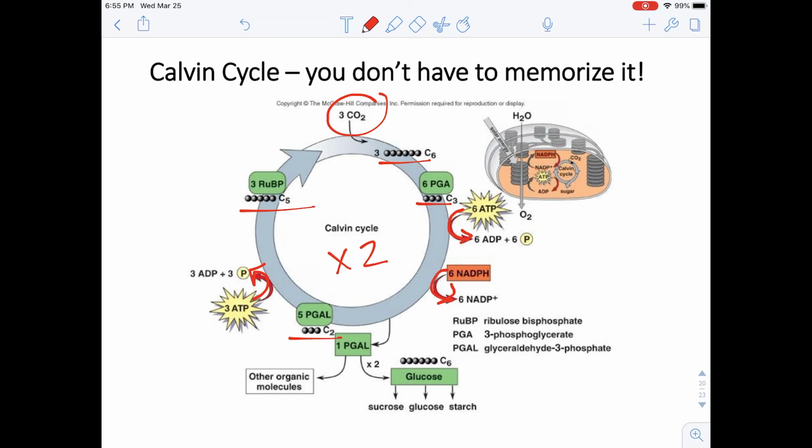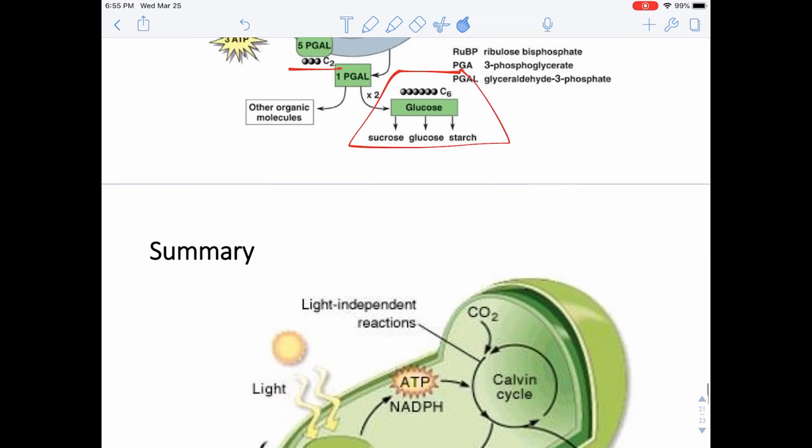It doesn't go on forever, but it goes around 2 times, and eventually you build this thing at the end here, this C6H12O6. You do not need to know any of these other ones. PGAL, RuBP, not necessary. It just happens to be on the diagram. So you just need to understand the Calvin cycle is about using the carbon dioxide and all of your energy to build your glucose molecule.